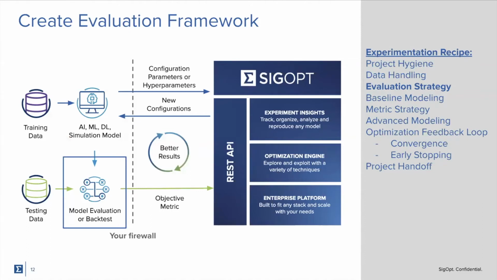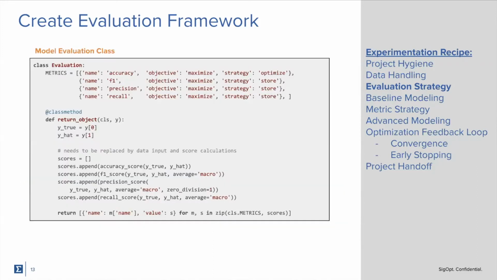The next thing you should think about is having some sort of evaluation framework. Again, the most simple evaluation framework is most likely computing your accuracy for some prediction, some classifier. If you're working with this imbalanced data set, looking at something like your F1 score, precision, recall, maybe makes sense.